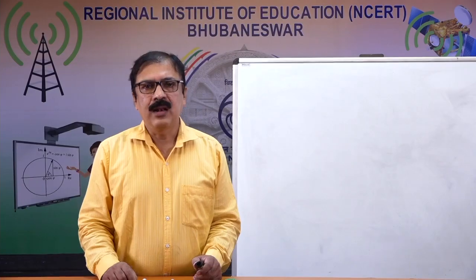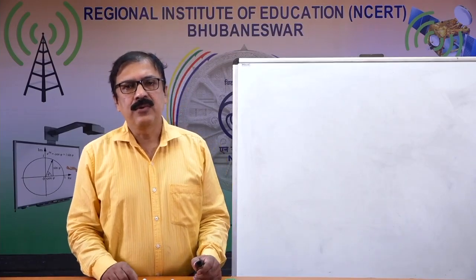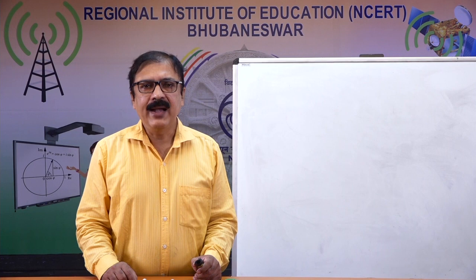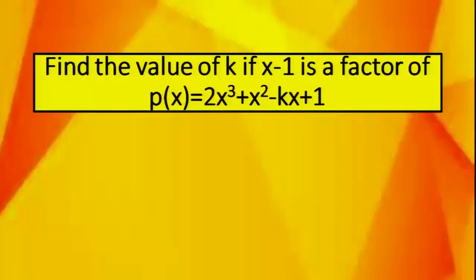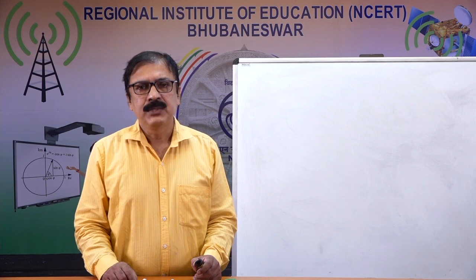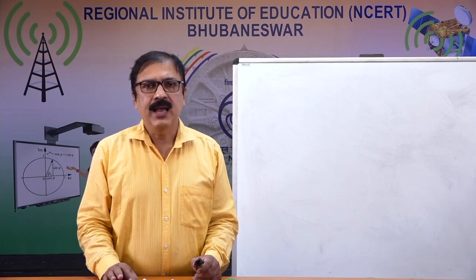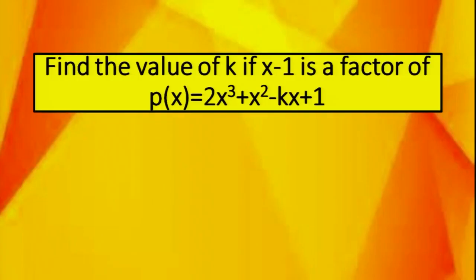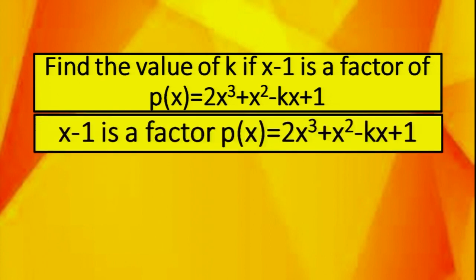Now we can use this to solve some problems. Let's see. Find the value of k if x minus 1 is a factor of P(x), that is 2x cube plus x square minus kx plus 1. In this case, as x minus 1 is a factor, that means P(a) must be 0, as the factor theorem says.